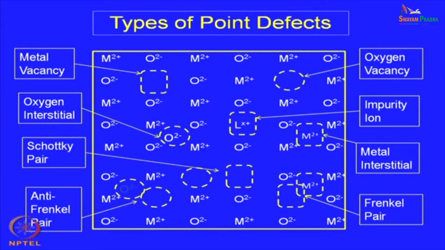No solid is actually perfect, all solids will have some kind of defects all the time, and they have a very important role to play so far as the properties of the materials are concerned. Just like the crystal structure has an important role, the crystalline defects also have a very important role to account for different properties.